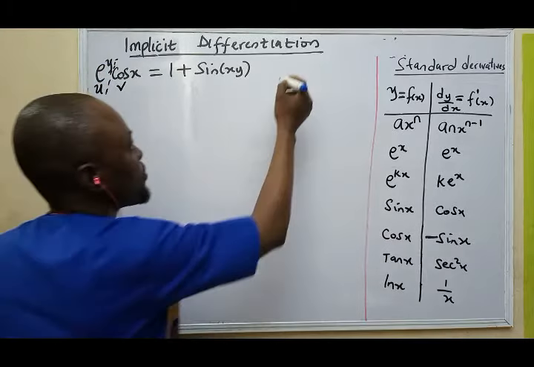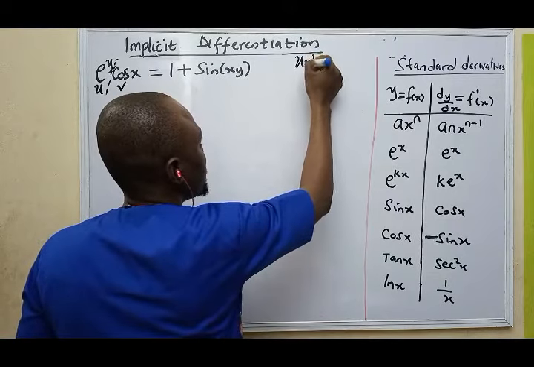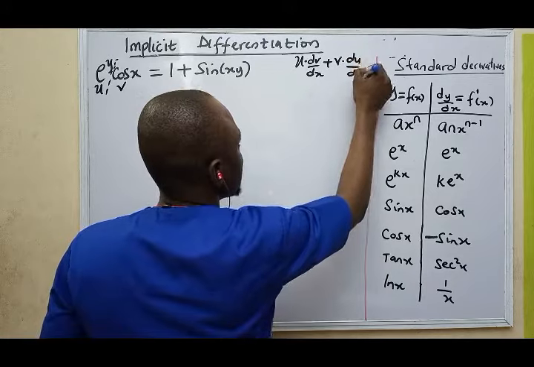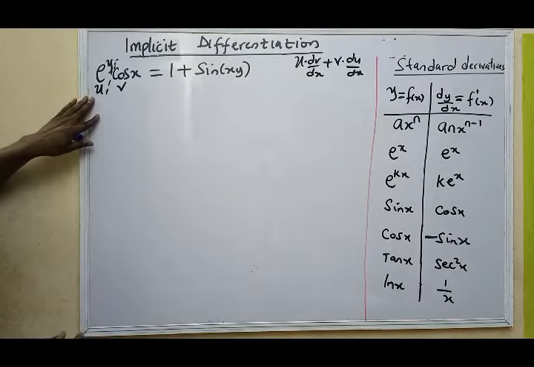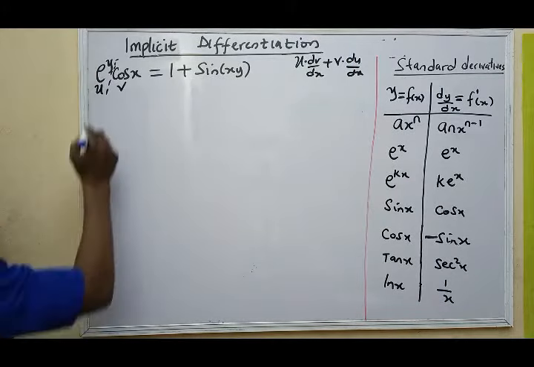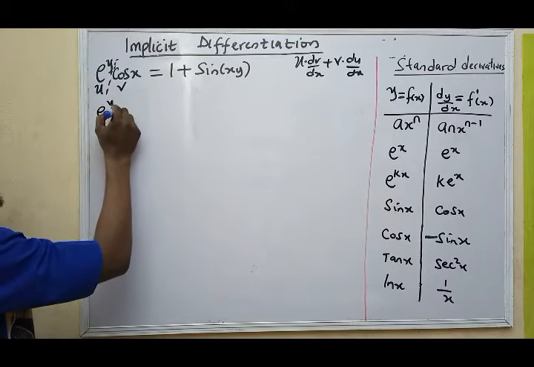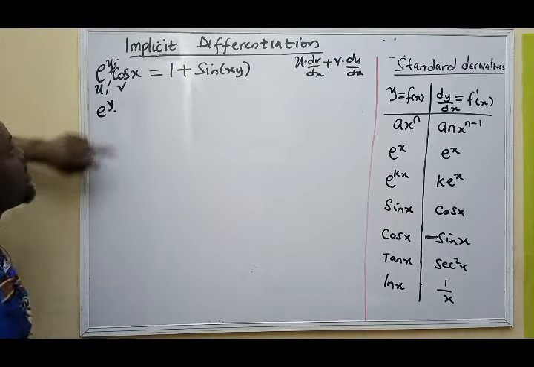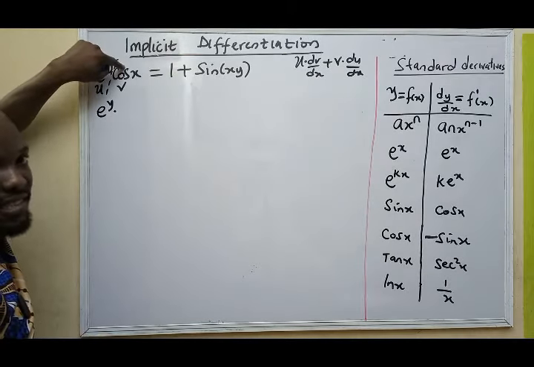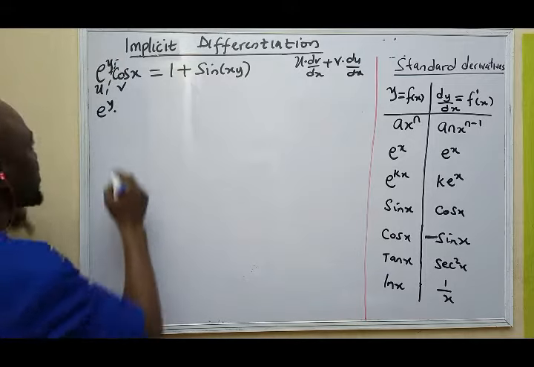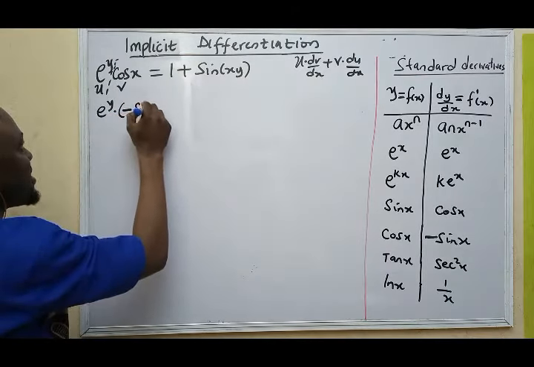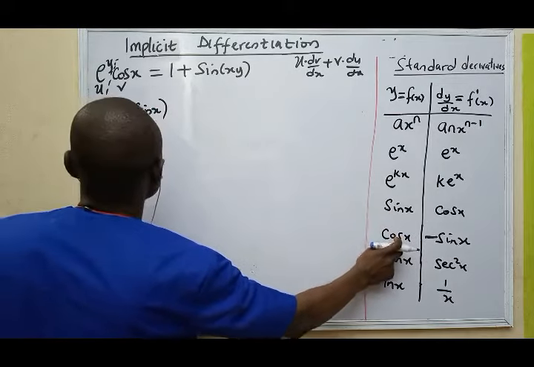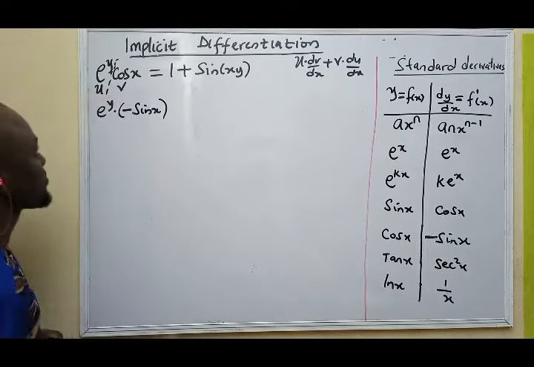This is the formula for the product rule: u dot dv/dx plus v dot du/dx. Here u is e^y, so I write e^y dot the derivative of v, which means I differentiate cos x. If I differentiate cos x, I get minus sine x. Go back to your standard table: the derivative of cos x gives minus sine x.